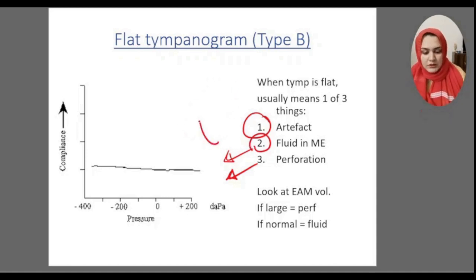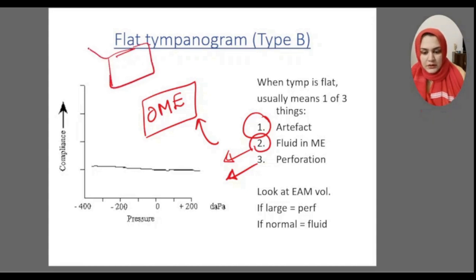Fluid in the middle ear occurs in a disease called otitis media with effusion. In otitis media with effusion, the middle ear is chronically filled with thick fluid that is mucoid, or there can be thin fluid that is serous fluid. So it results in type B tympanogram.